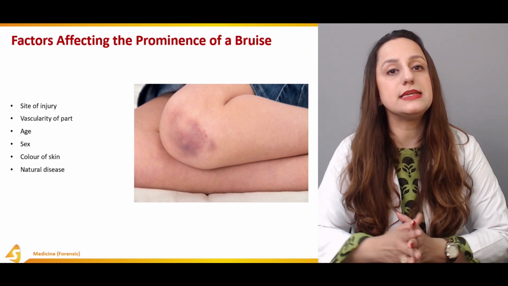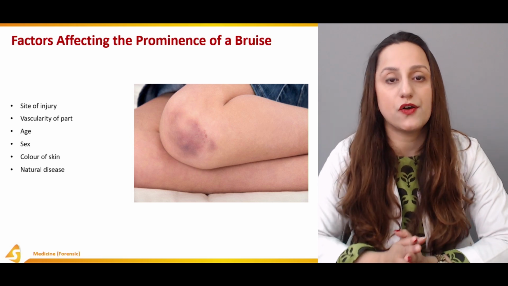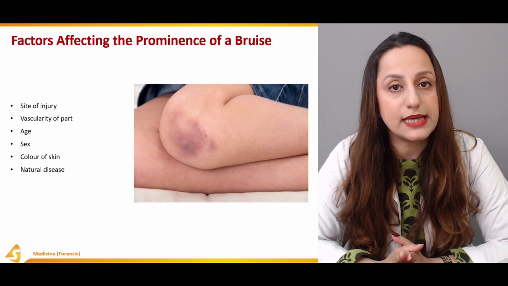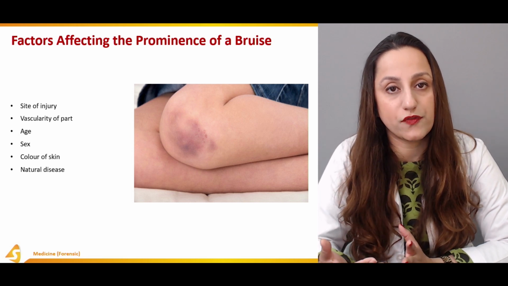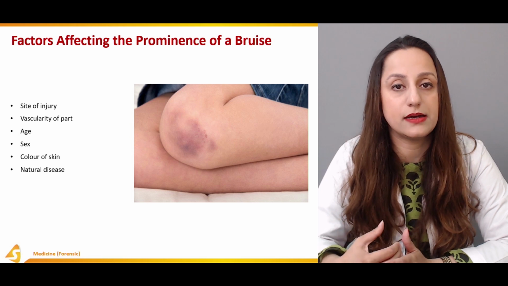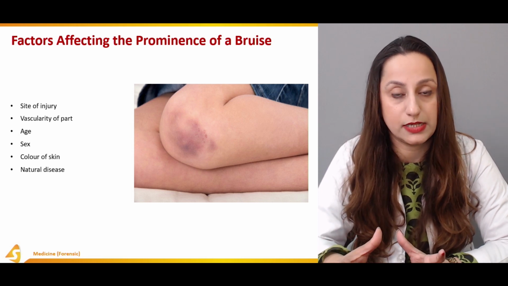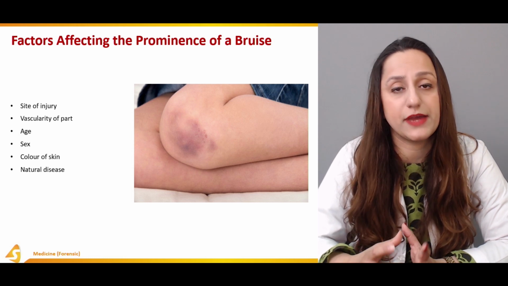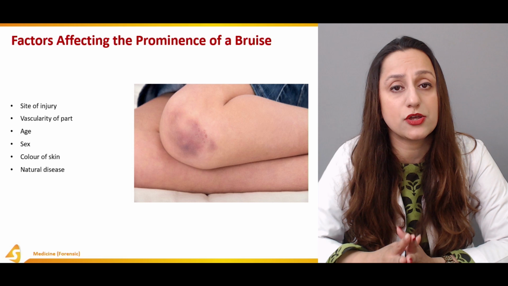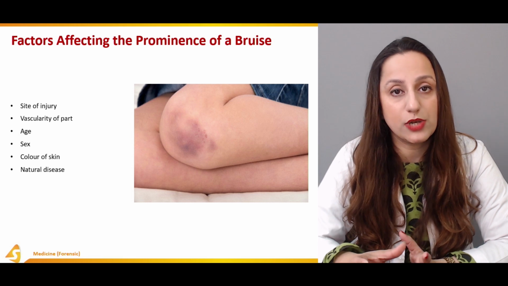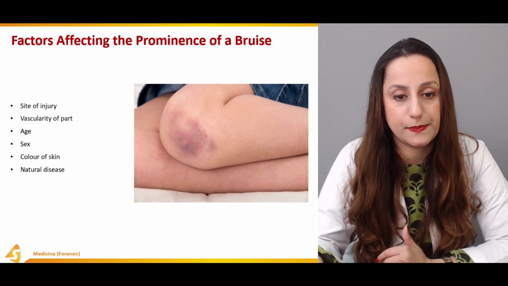The natural diseases which can affect the fragility of the vasculature are also very important over here, because that will affect the extravasation of the blood after someone is hit, and it will affect the bruising area. For example, thrombocytopenias can affect the bruising if the person is on some sort of medication. For example, warfarin or blood thinning agents will cause the person to bruise more.